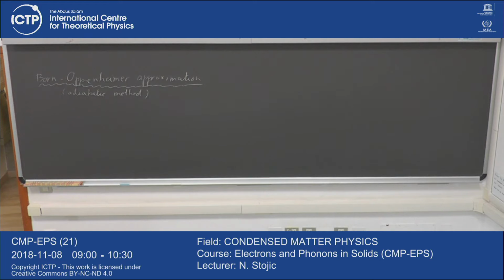However, so far in the course we have forgotten about the nuclei as quantum particles, about their dynamics, about their equilibrium position, and how it depends on the electronic structure. So now we would like to address that.